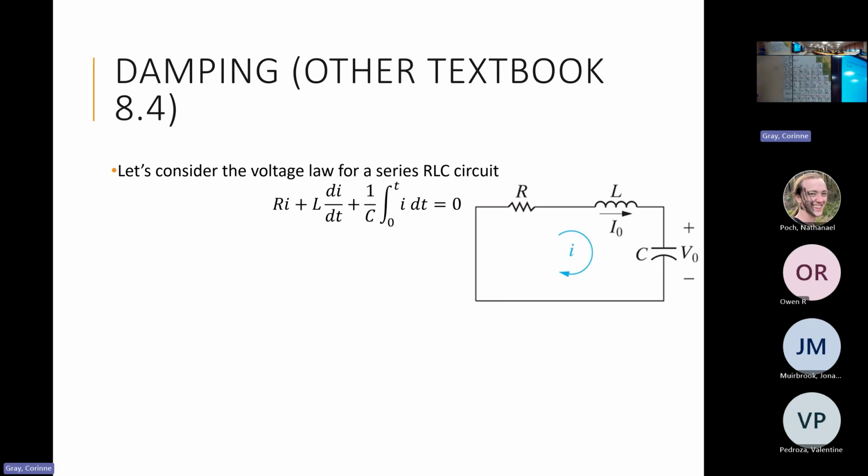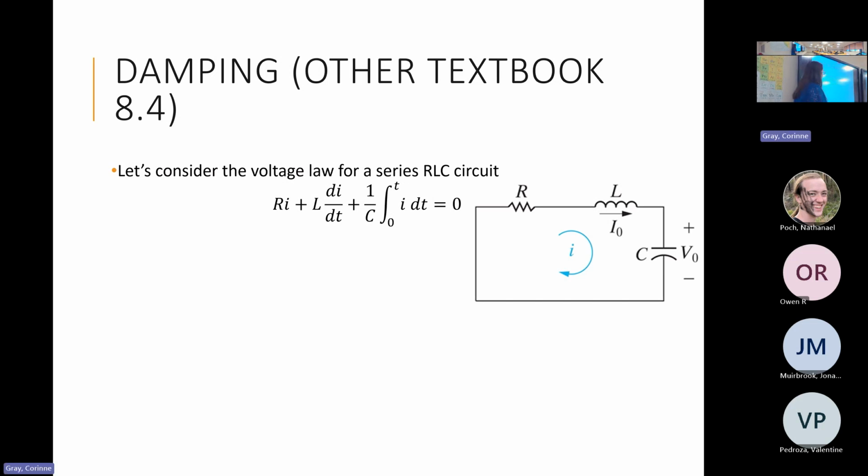Kirchhoff's voltage law, or Kirchhoff's loop law, whatever version of it you want to call it, always applies, which states that the sum of the voltages as we go around the loop has to sum to 0. Our first term here, Ri, is Ohm's law, where i is an instantaneous current, so this is the voltage across my resistor.